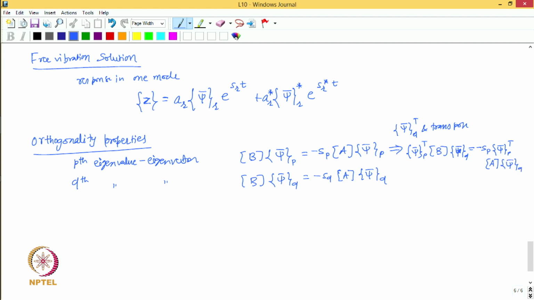Similarly, the other equation when pre-multiplied by psi bar p transpose gives psi bar p transpose B psi bar q equal to minus S_q psi bar q transpose A psi bar p.